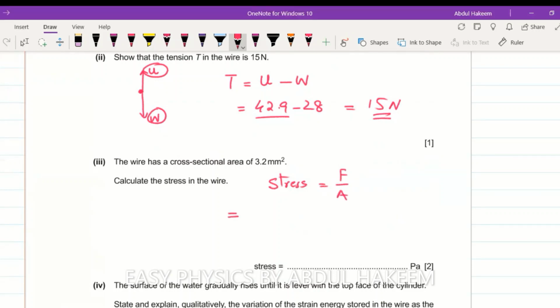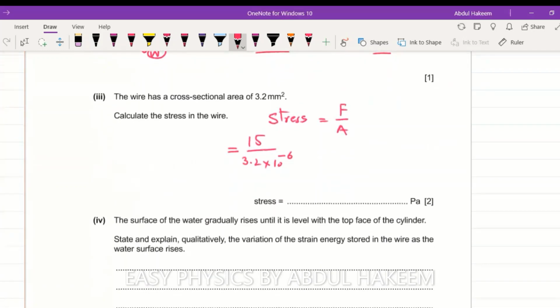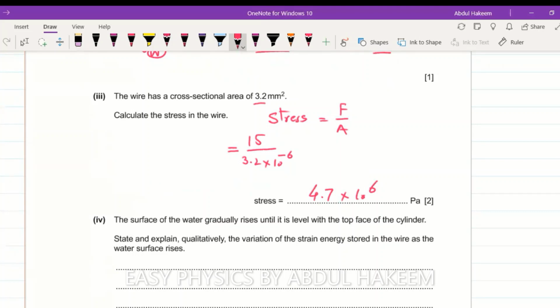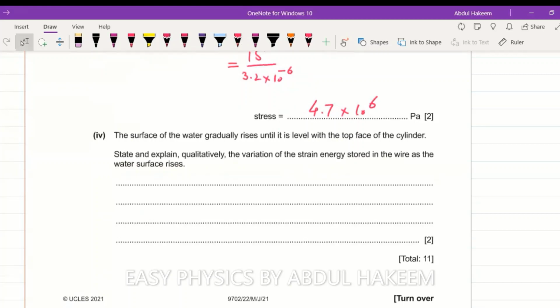Now the force is the tension on the wire, and the area of the wire is 3.2 times 10 power minus 6, because we have to divide it by 1000 two times, so it becomes 10 power minus 6. So after the calculation, the answer comes 4.7 times 10 power 6. Look, this area is given in two significant figures, so we have to write the answer in two significant figures.